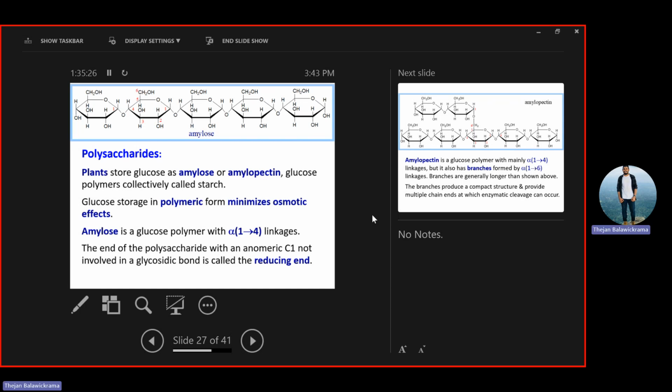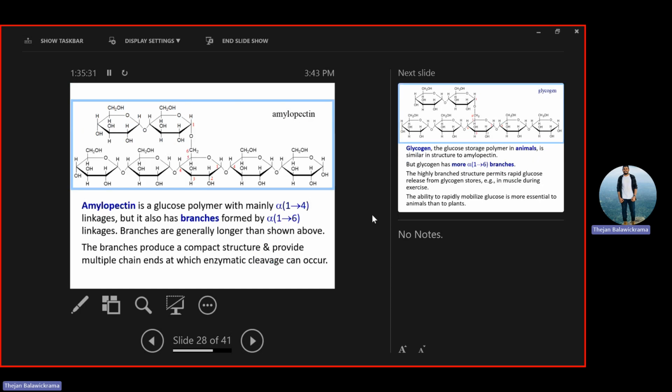That's amylose. Let me take another example. This is amylopectin. Amylose is a straight chain. Do you notice that in amylopectin we have a branch as well? This is a straight chain, and there's a branch. That's amylopectin.